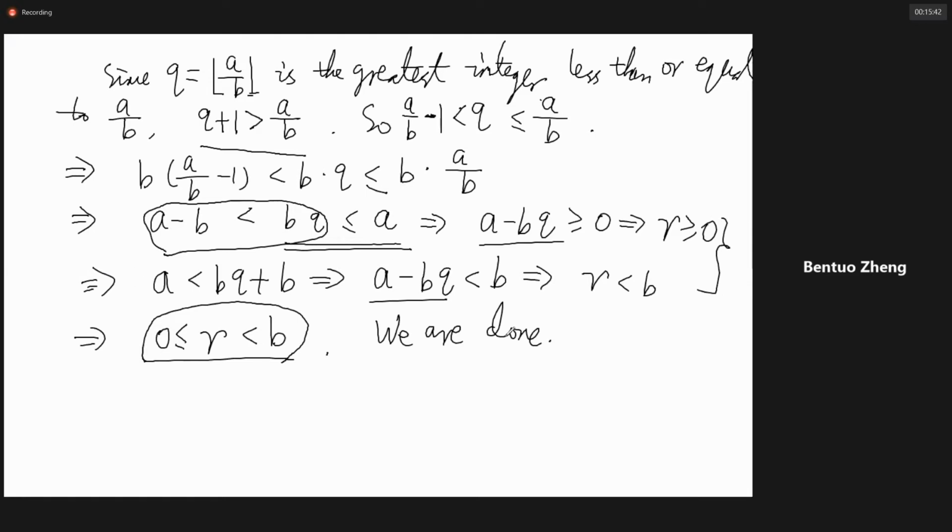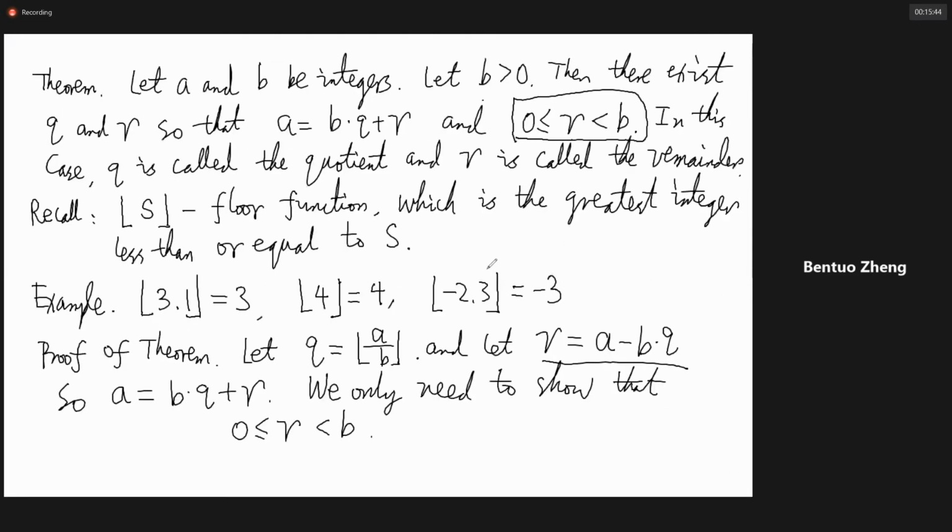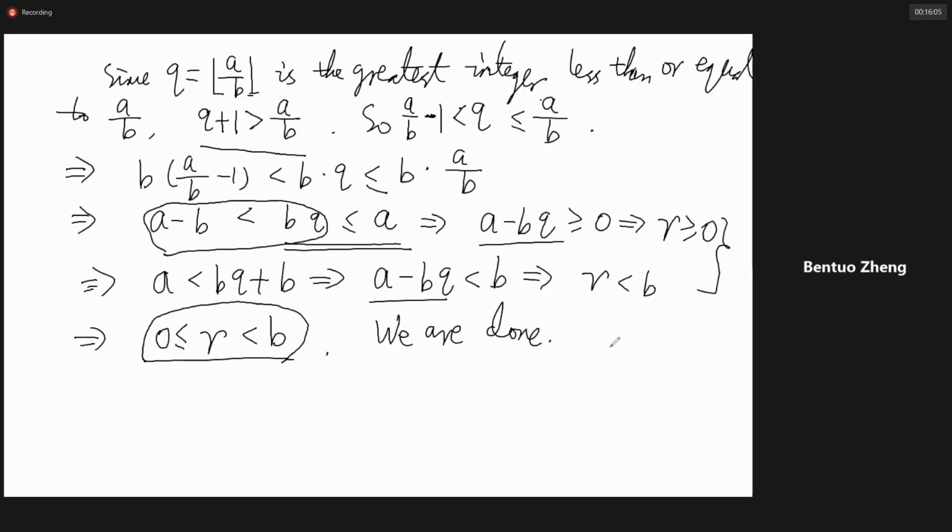Okay, so one thing I forgot to say in the theorem is once you have such a representation, A equals BQ plus R, for R greater than or equal to 0 and less than B, then this representation is unique. So you have only one way to write A as such a sum. So let me write it.